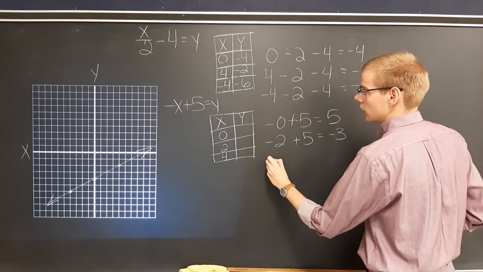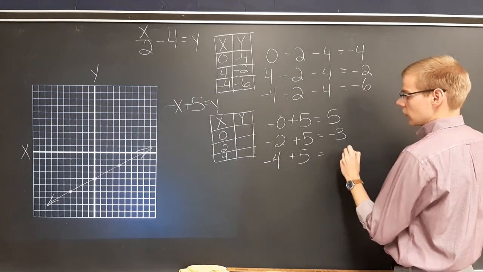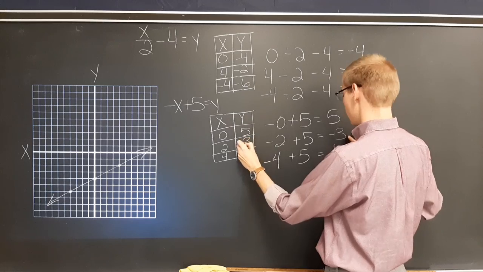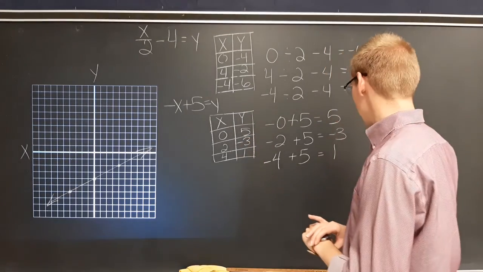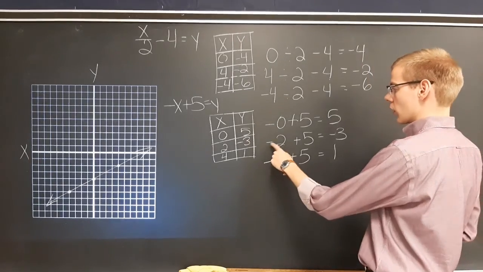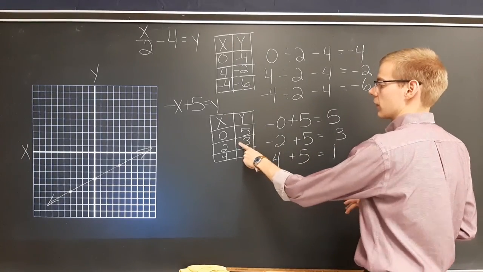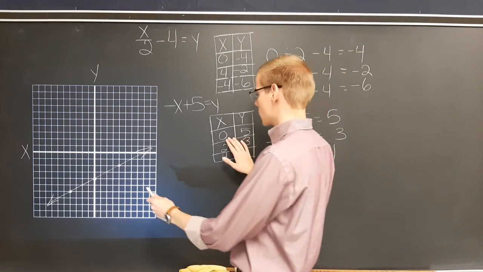And then negative 4 plus 5 equals 1. So 5, 3, and 1. And I'm wondering if we did this correct. This is wrong. Negative 2 plus 5 is 3, not negative 3, I'm sorry. There we go. So let's graph this as well.